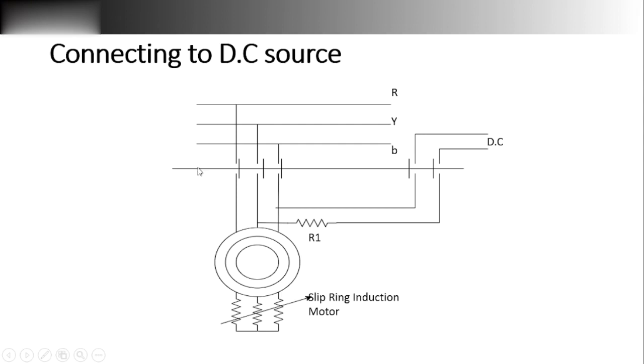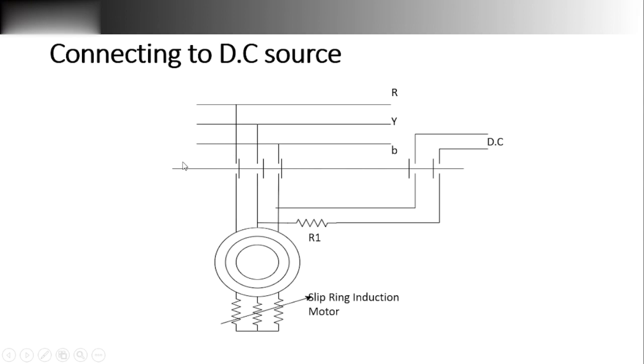Now, how is it working? During the motoring period, this source remains closed, which means this portion over here remains closed, and the connection from the DC source is open during the motoring period.